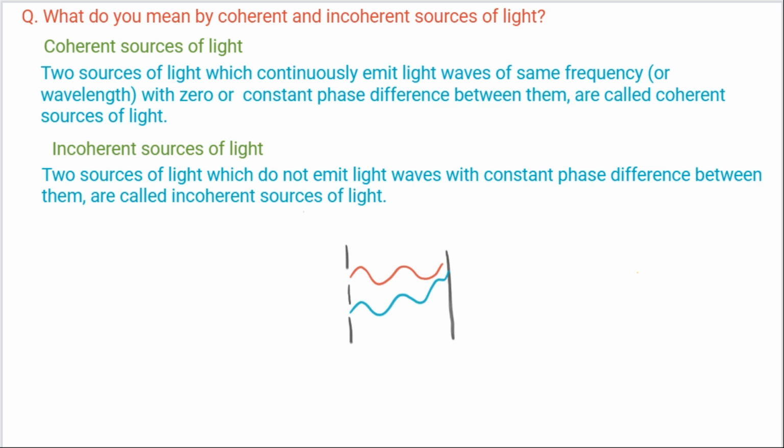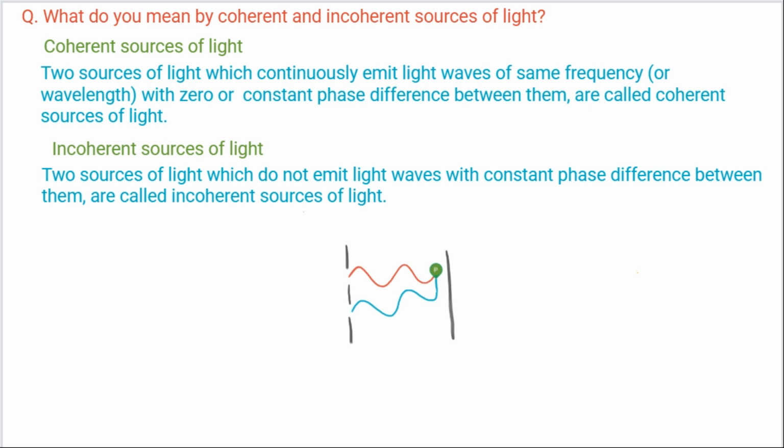What does this mean? Let us suppose at some time you have noted that the light coming from slit S1 is covering two wavelengths, whereas the light coming from slit S2 is covering one and a half.